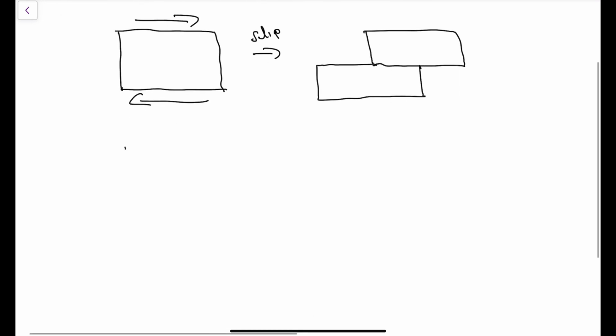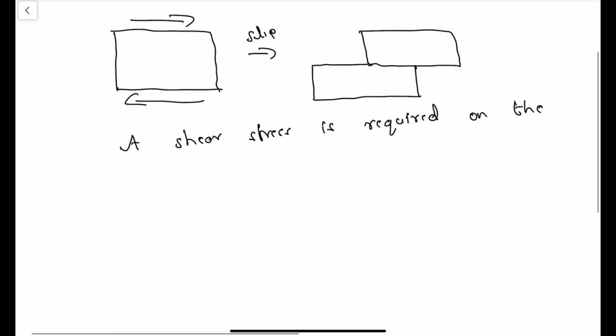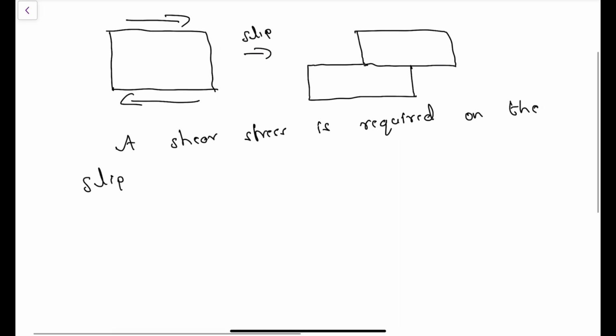A shear stress is essential, and it is required on the slip plane, in the slip direction.